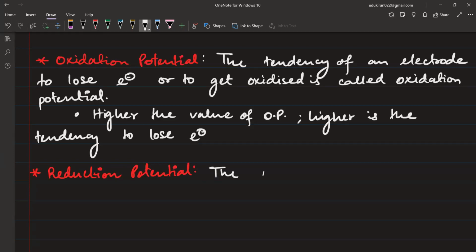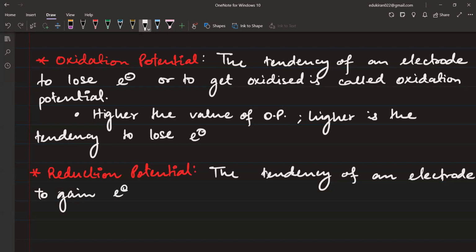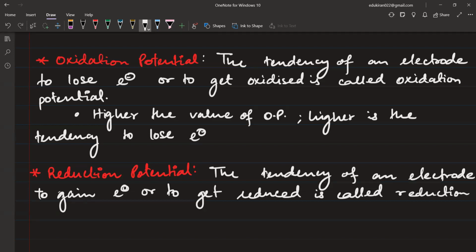The tendency of an electrode to gain electron, or to get reduced, is called reduction potential.